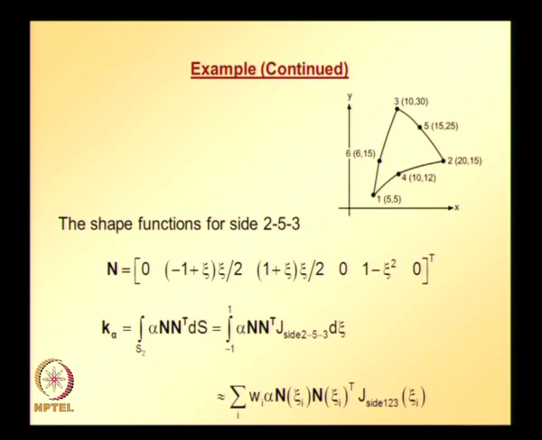Now it is suggested to use 2-point integration, and this is just one dimensional integration. So, you can get the integration points and weights from the table that was given earlier for one dimensional integration. First integration point and weight are given.